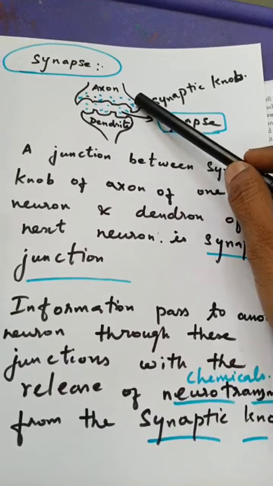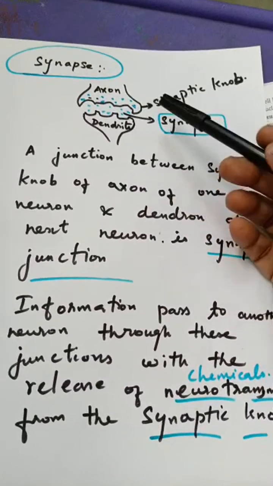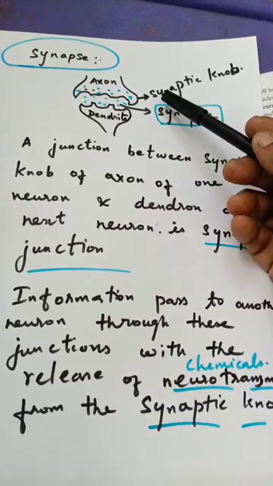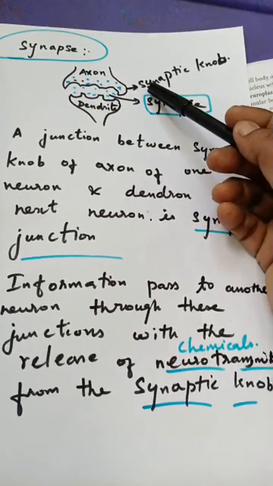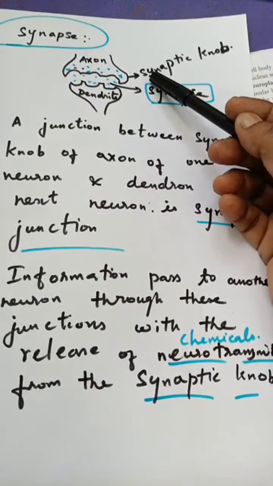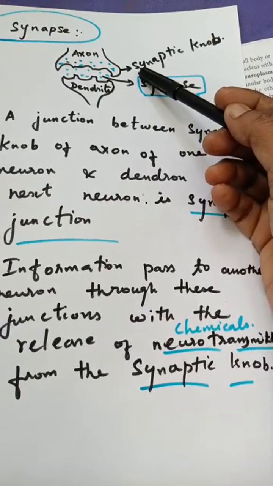So what is the information? Information means it will be converted into some chemicals. For example, if you are looking at one object, you identify what the color is, it's red, and what the shape is, it is a square. We are telling how this information is transmitted through our receptors.